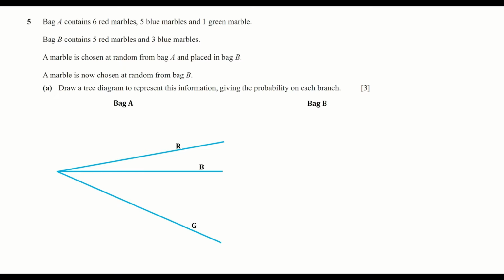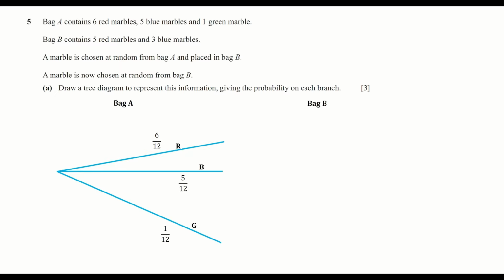Bag A contains 6 red, 5 blue, and 1 green marble. It gives us a total of 12 marbles. So there are 6 red. The probability of red is 6 over 12. 5 blue, the probability of a blue marble, 5 over 12. So 1 green marble, the probability of green has to be 1 over 12.